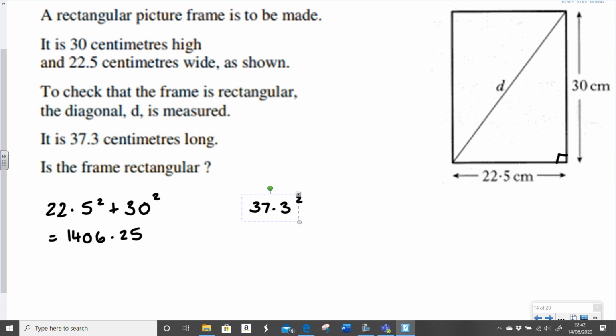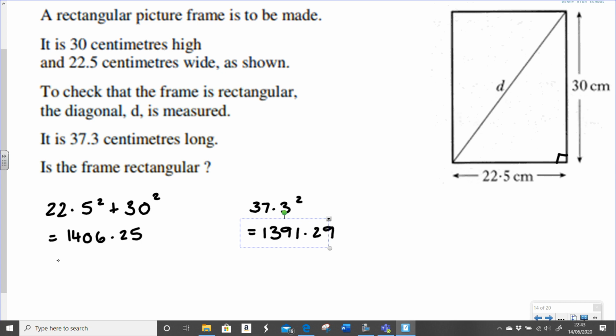We're going to square it, and that gives us 1391.29. This time, because the squares of the short sides added does not equal the long side, the diagonal squared, the triangle is not right-angled, and therefore the rectangle is not rectangular.